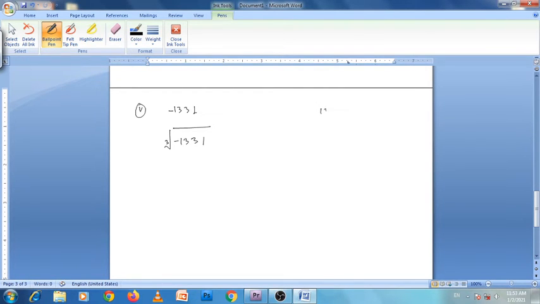The prime factors of 1331 are 11 1s are 11, 11 2s are 22, 11 11s are 121, and 11 121s are 1331. So 11, this is the cube of 11.